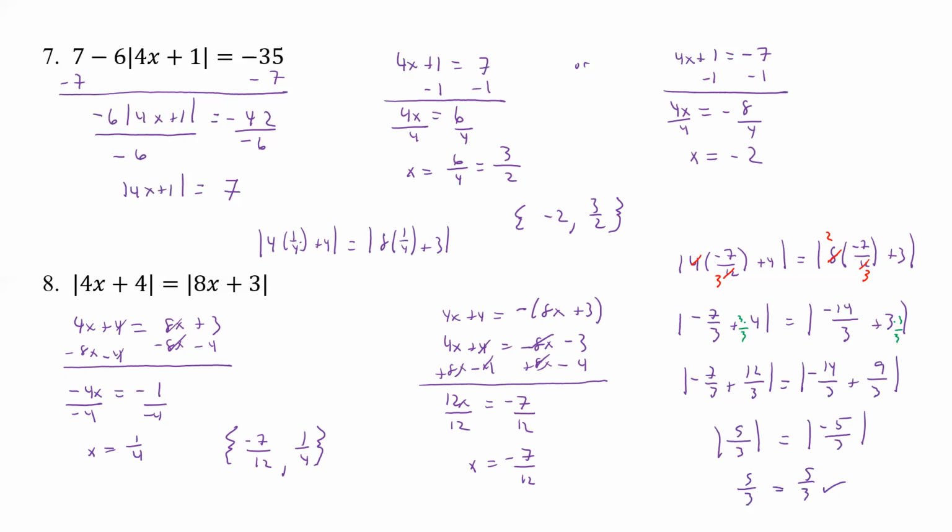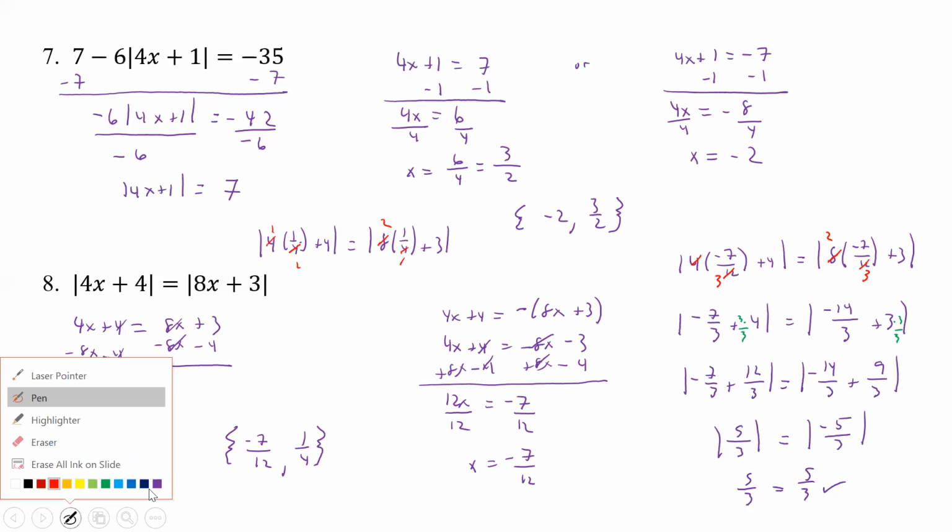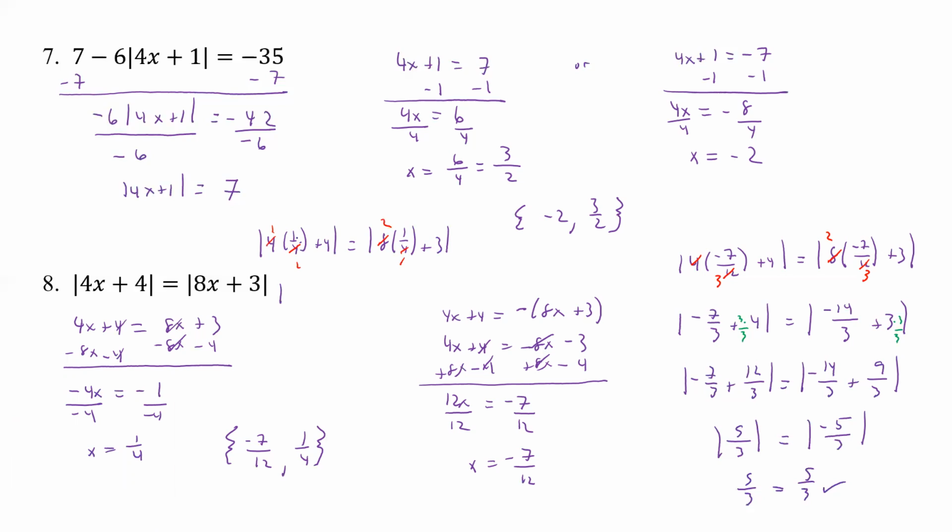So let's get our reds out again. So that goes into here. That's 1, that's 1, that's 1, that's 2. So it looks like we have 1 plus 4 is 5 equals 2 plus 3 is 5. 5 equals 5, so it checks as well.